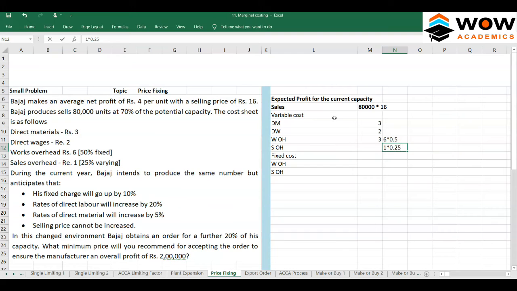We can put it as 0.5, or as 50%. That won't be a problem. Here also we can put it as 25%. So the answer would be 0.25.